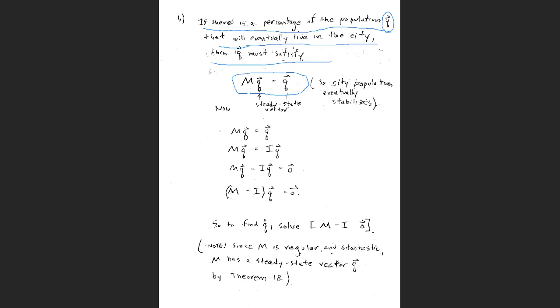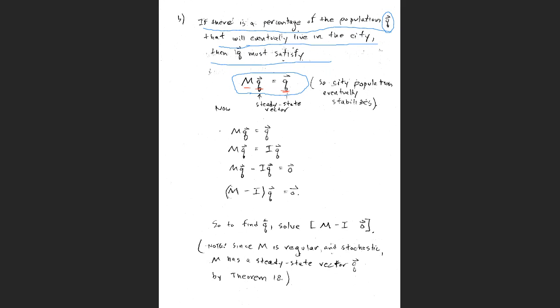That makes sense, because what are you doing when you multiply the vector Q by the migration matrix M? You're finding what's going to happen in a year's time. If in a year's time the population distribution doesn't change, if it equals Q again, then you've reached a steady state. This happens over many years.